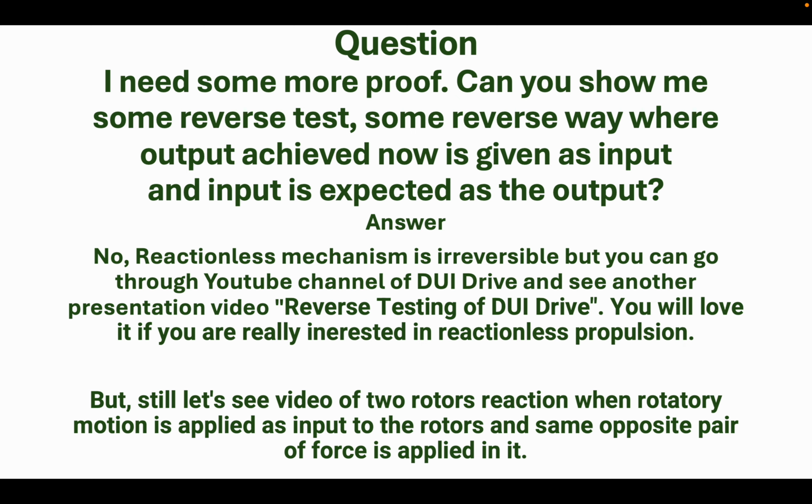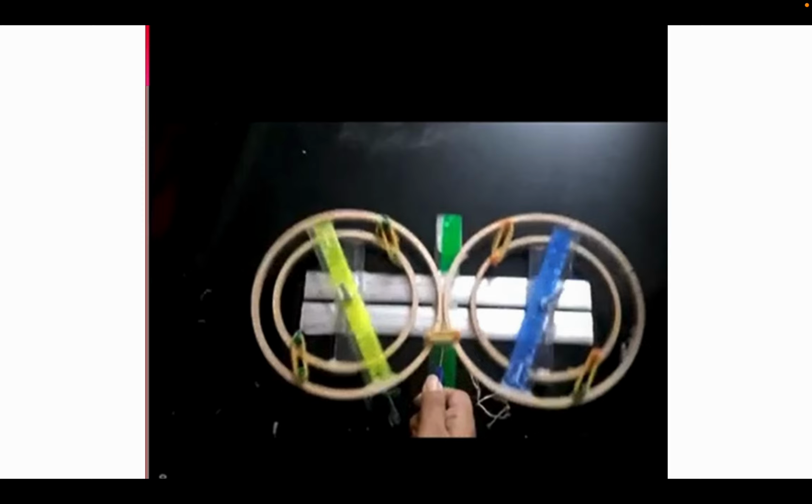For the reverse test, this mechanism can be reversed, so I have done another way to prove it. Initially we used linear force as input. The linear force is derived from rubber band and solenoids.